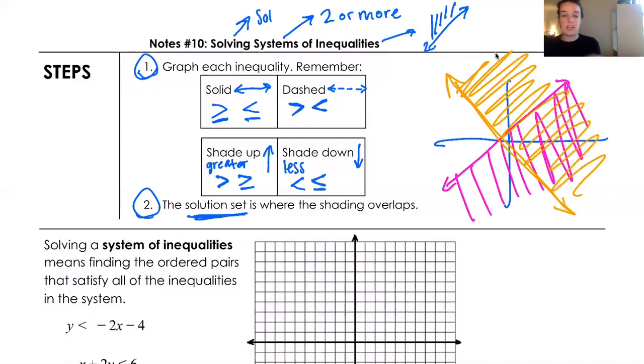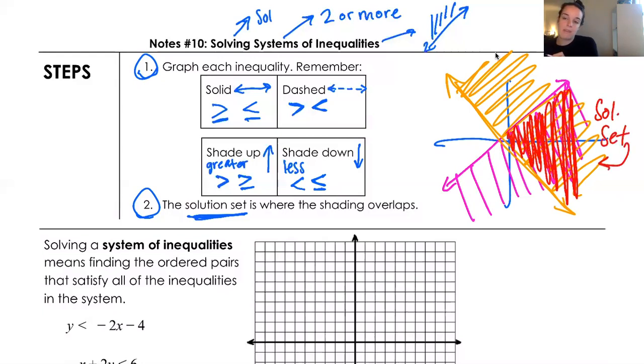The solution set is where the two overlap, right? So where they overlap would be this section right here. So this would be called the solution set section. Cool. So we're going to do two examples.